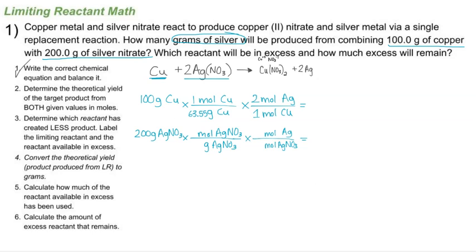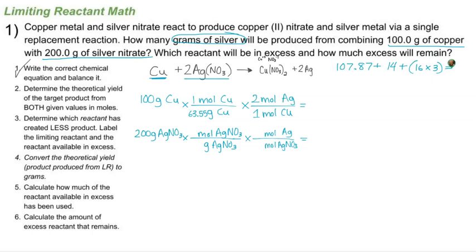And then down at the bottom, I'll need to add up silver nitrate's molar mass. So a silver atom, which is 107.87, and you can do this off to the side somewhere: 107.87 plus 14 for nitrogen, plus 3 O's, 16 times 3.